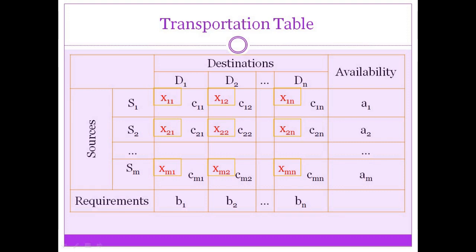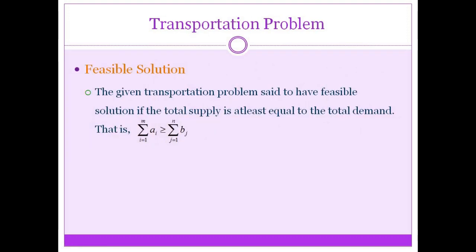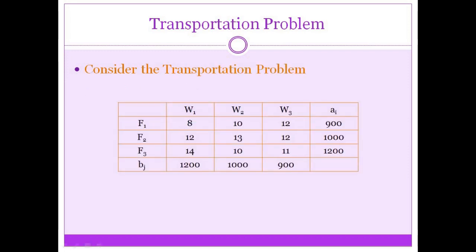Our aim is to find the initial basic feasible solution, and we can get a feasible solution if the total supply is at least equal to the total demand, that is, sigma Ai should be greater than or equal to sigma Bj.